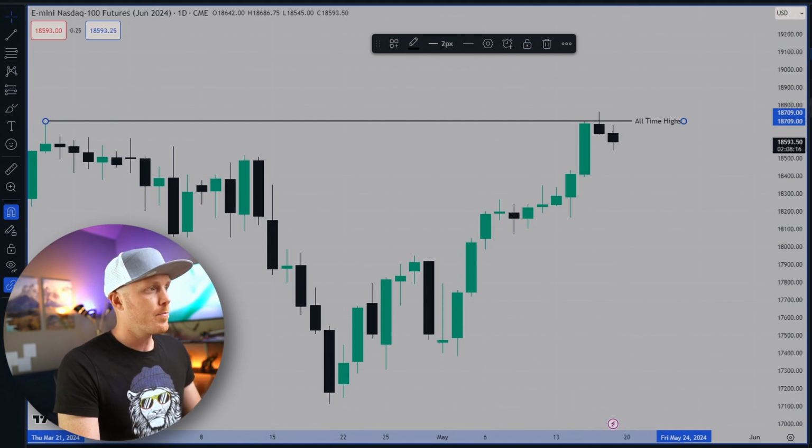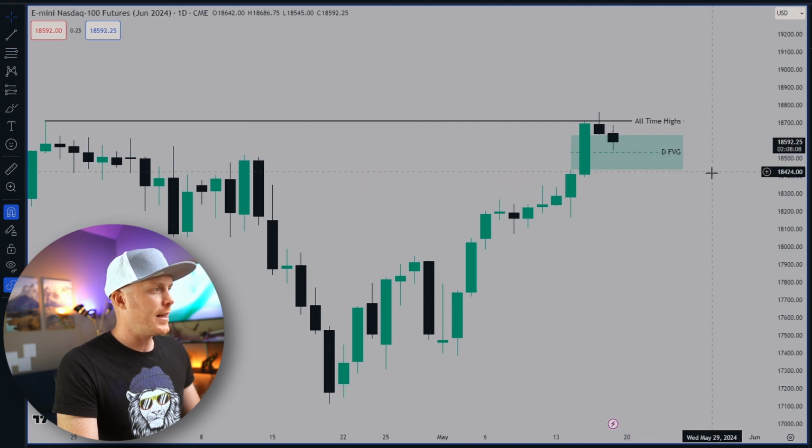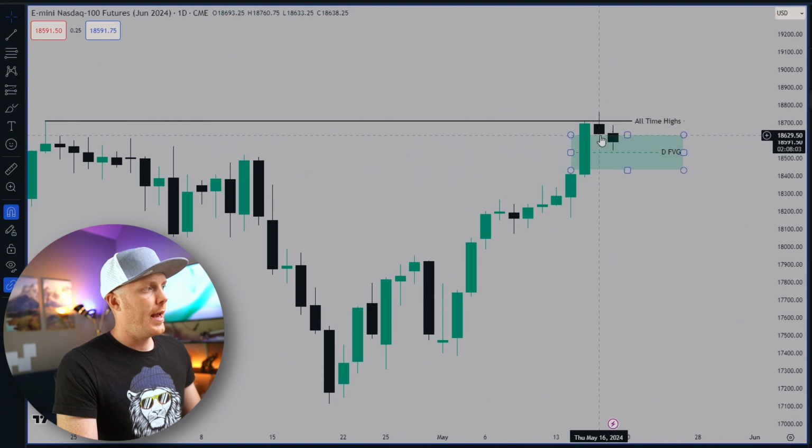In this case, we have a nice big draw on liquidity right here, in the form of a fair value gap on the daily time frame. Anytime you have a high and a low not touching with a candle in between, that creates a fair value gap. And this is a buy side imbalance, sell side inefficiency.